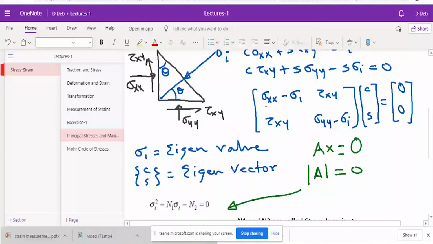So there is a relationship between C and S. What is that relation from the first row? It's minus 12.5 C plus 2.5 S is equal to 0. So the relationship between C and S will be C equals to something you can write.